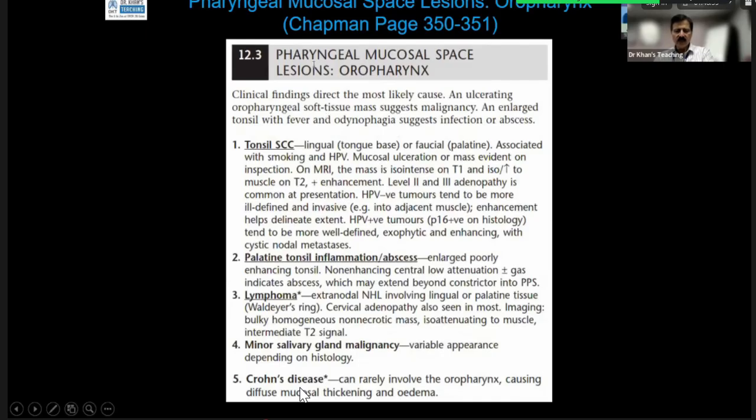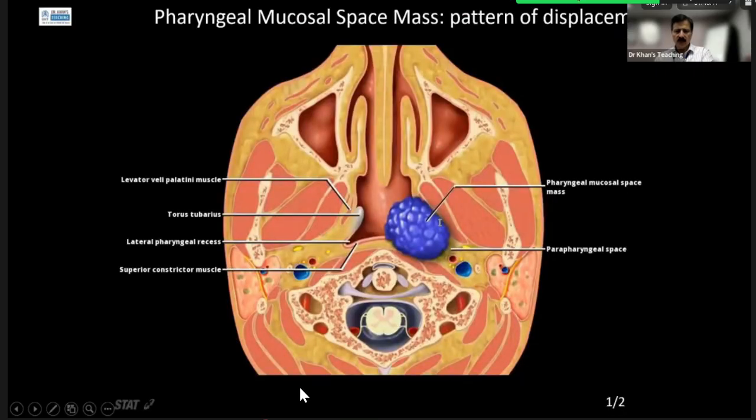And this is the second differential diagnosis, the oropharynx. And in this oropharynx, the most important ones, other than SCC, is of course inflammation. This is for me. This is for your 2B. This is the most important. So the concept of displacement of the parapharyngeal space.